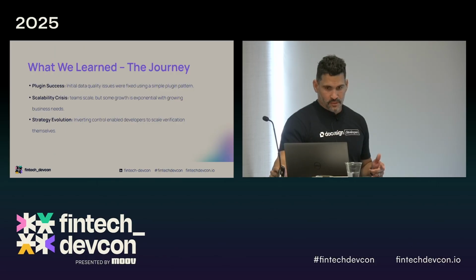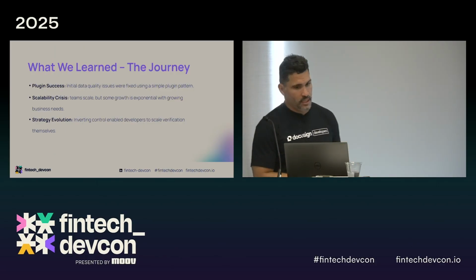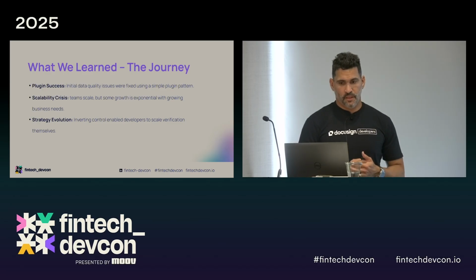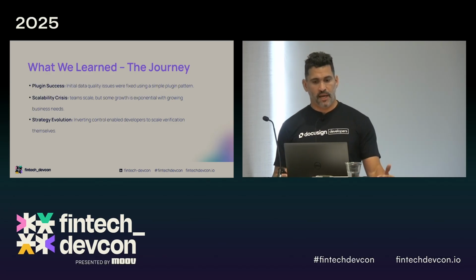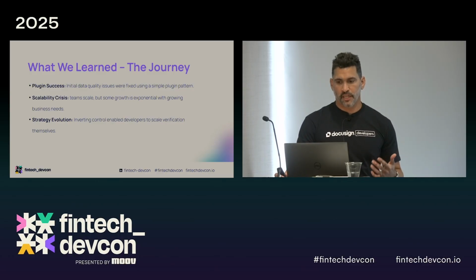So from here, what did we learn, right? In terms of the journey that our teams took, first we saw quick success by applying the plugin pattern. This helped us patch critical data quality issues and stabilize our workflows with trusted verifiers. However, at the same time, this success created some scaling bottlenecks for all of us.